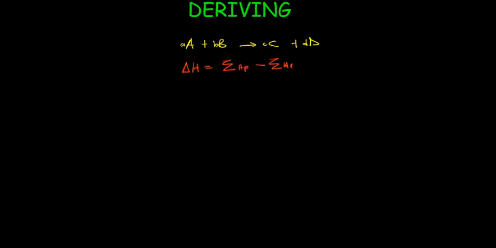So by this, the enthalpy is given as, I'll bring the products here. The products are these, so I'll put them in brackets like that. So I have c plus d, then minus the reactants, a plus b there.